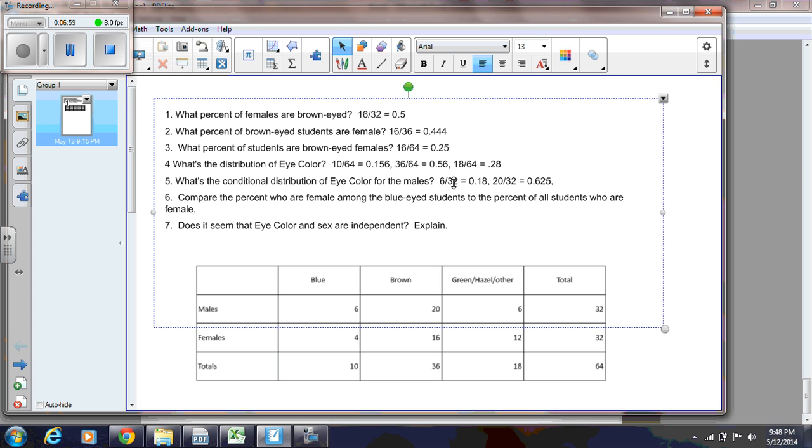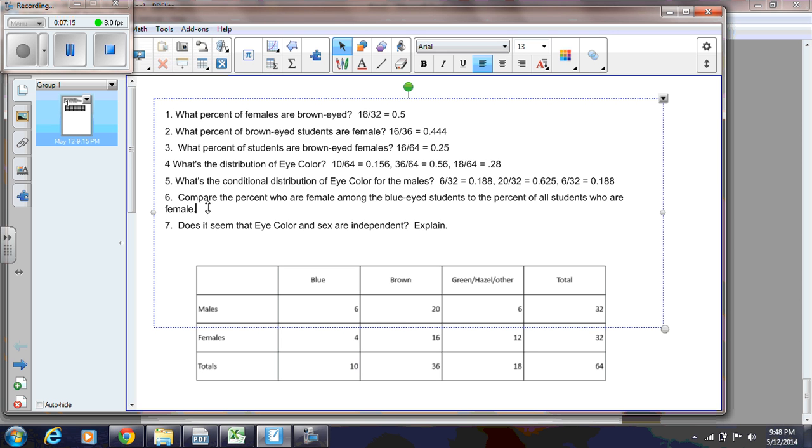And again, 6 divided by 32, which equals 0.18. Or it's actually 0.188. I'll change this one as well.